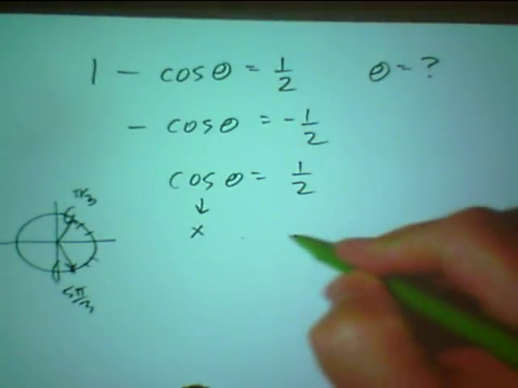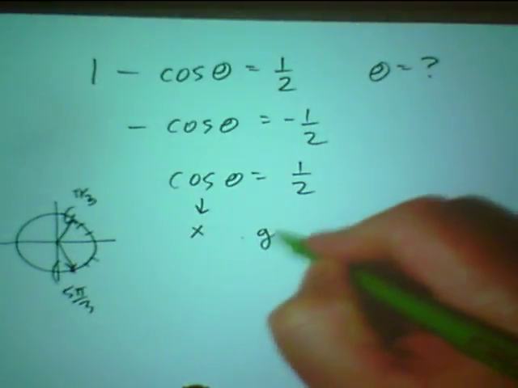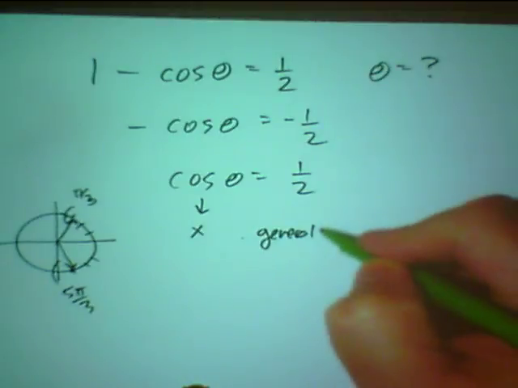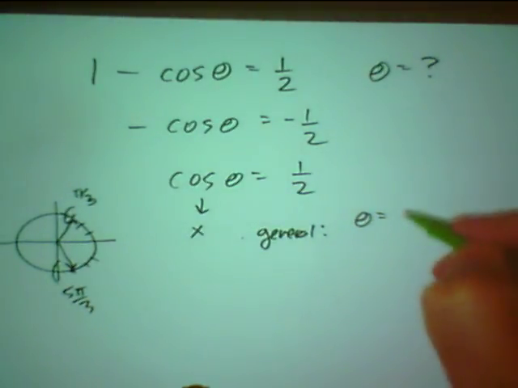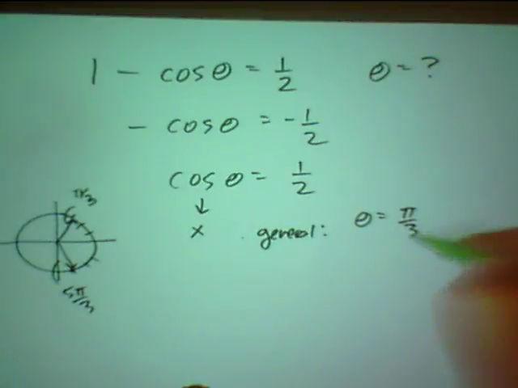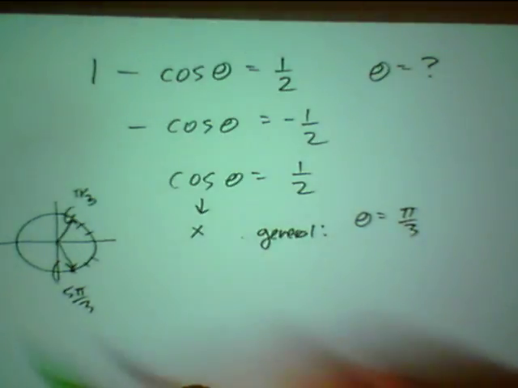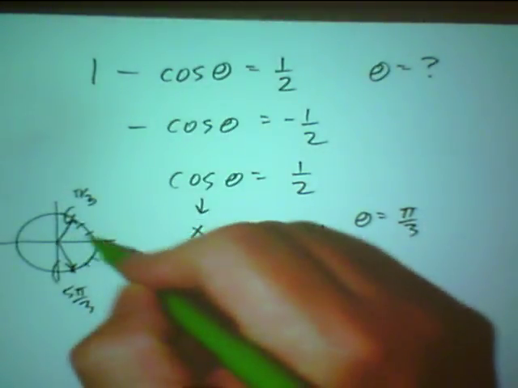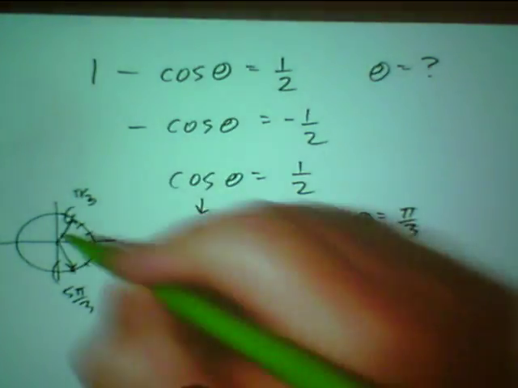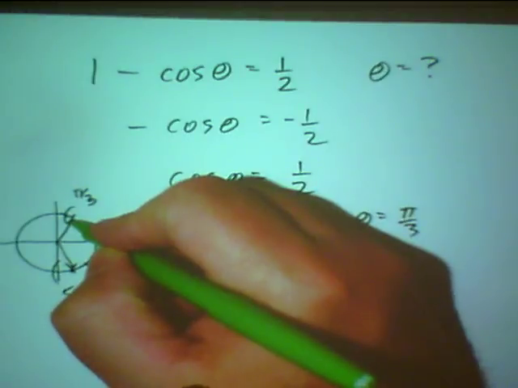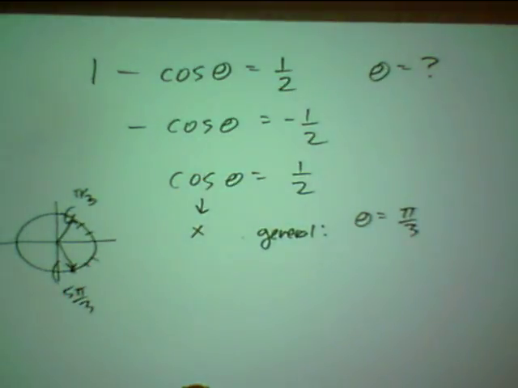So for the general solution, I take that first angle, pi over 3, but then I realize I could go around the circle as many times as I want, and I'm going to end up back at that same point, which means the cosine of that angle will be 1/2.